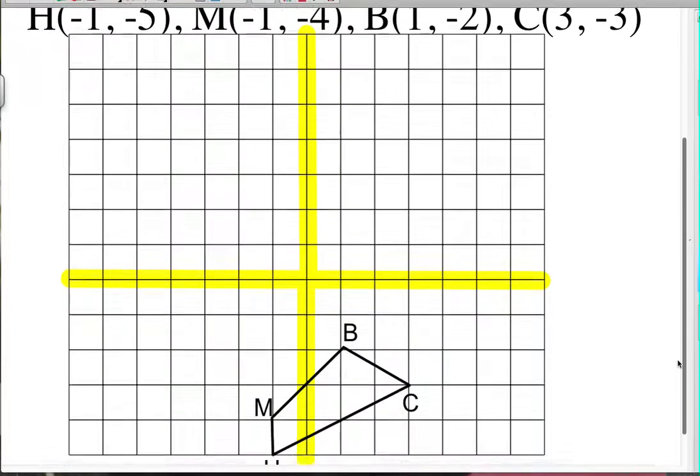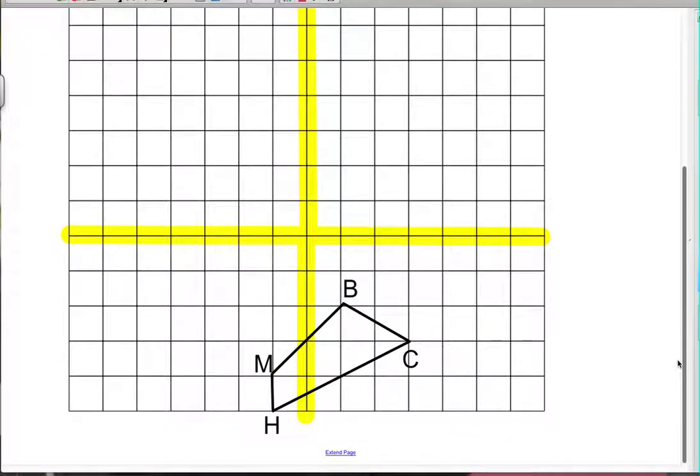Here's my coordinate plane. I already plotted the original figure there. Now, where on this coordinate plane is y equals 1? Well, here's your y-axis, and right here is where y is 1.